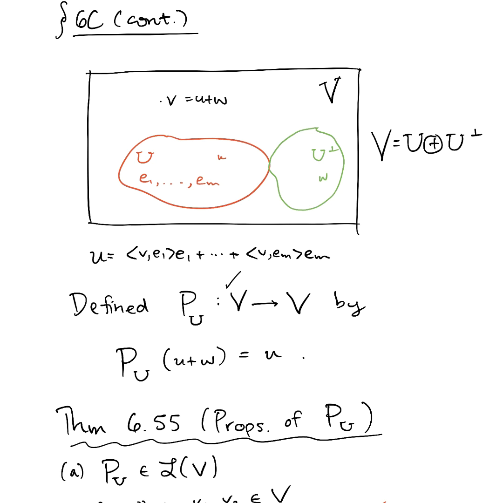When you endeavor to break a typical vector V into the part from U plus the part from U perp, you actually know the true nature of the piece from U. It's this.